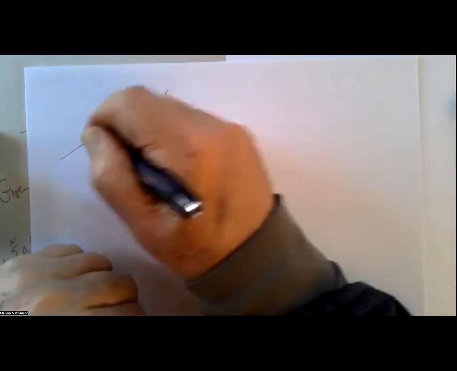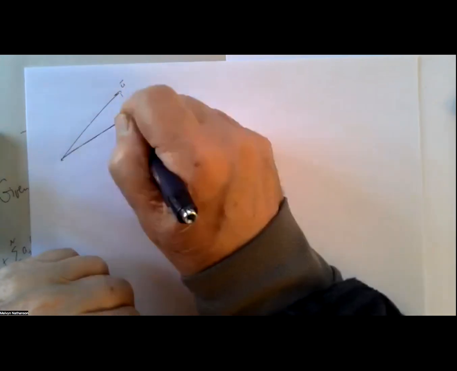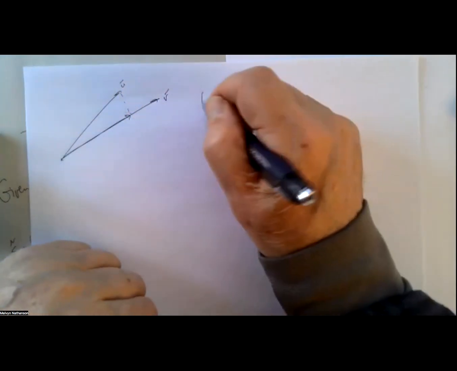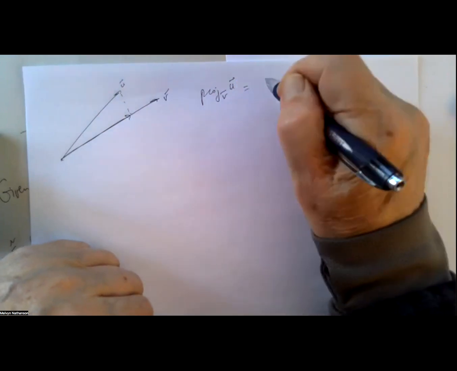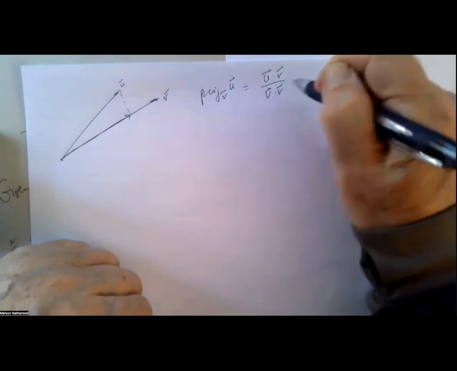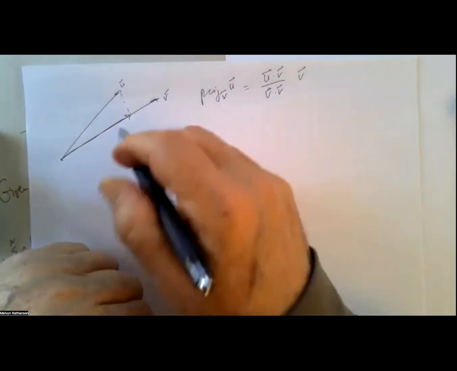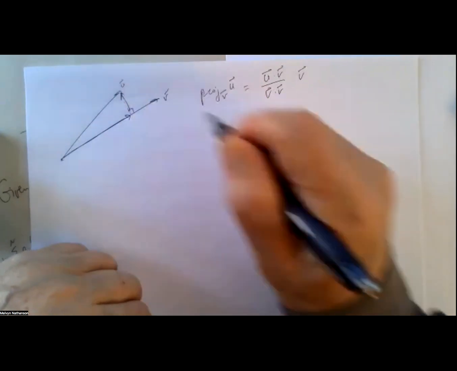So I have a vector V, a vector U, and I want to find the projection, it's a vector, the projection of U in the direction of V, and that's the dot product of U and V divided by the dot product of V with itself times the vector V. And what is this component?